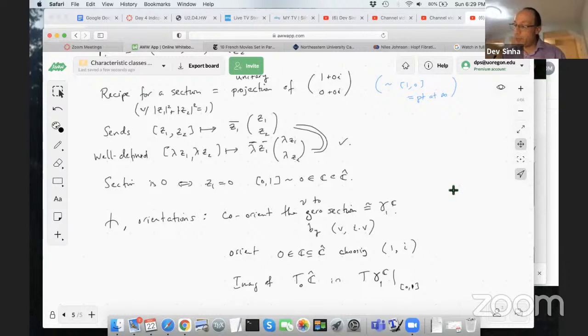This is the key. This is our action. And 1 will, not surprisingly, go to 1, so to speak, and I will go to minus I.